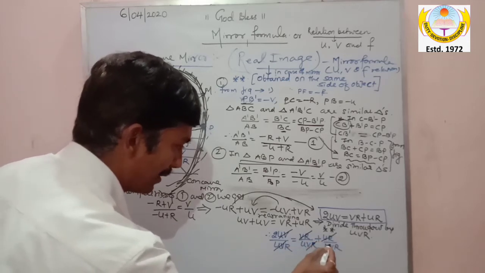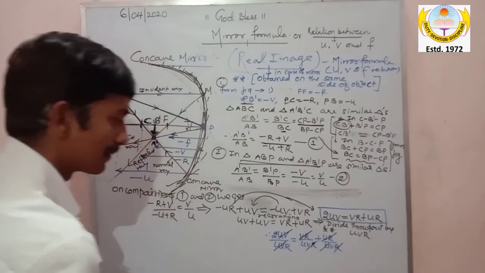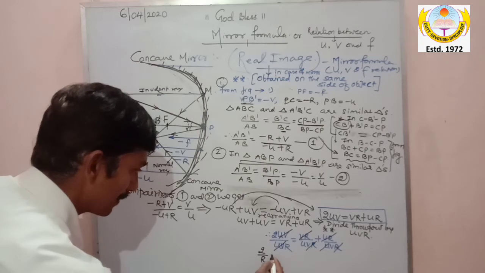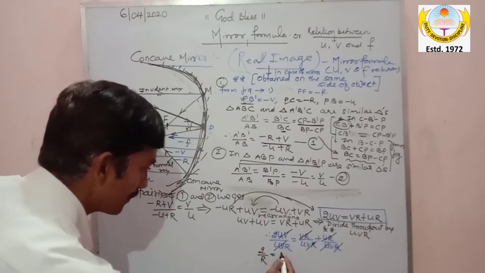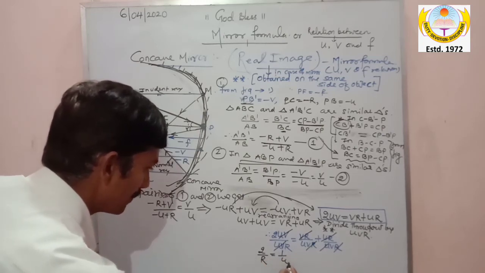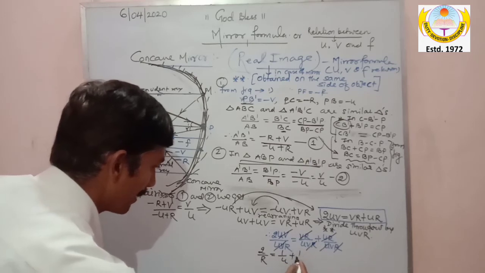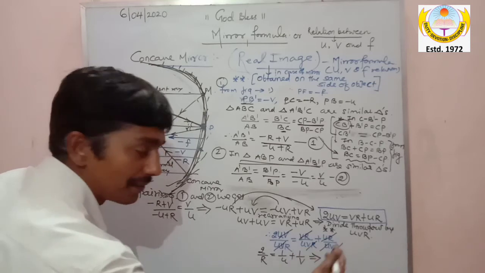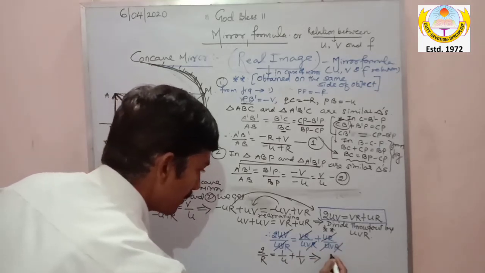Here UR and UR cancel. So what is the answer here? 2 by R is equal to 1 by U plus 1 by V.